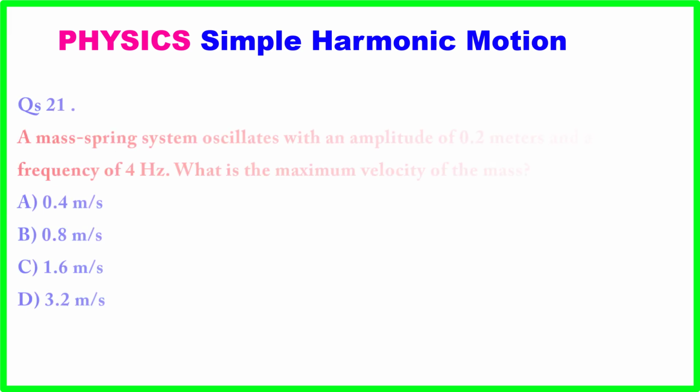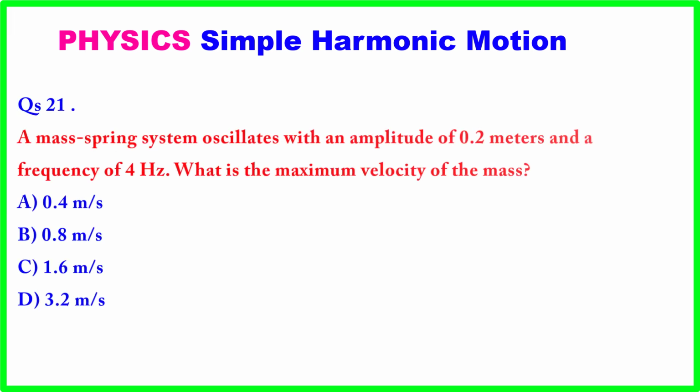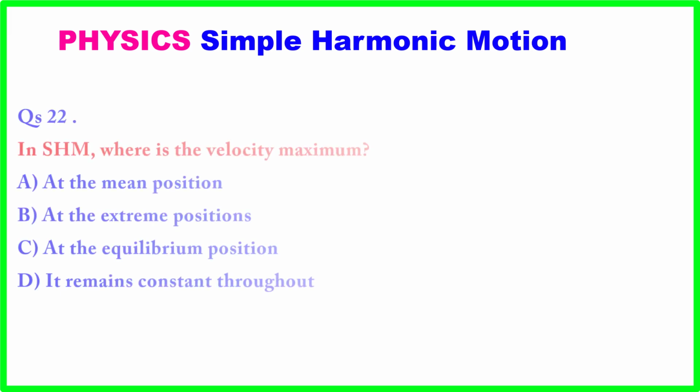A mass spring system oscillates with an amplitude of 0.2 meter and a frequency of 4 Hz. What is the maximum velocity of the mass? 1.6 meter per second. In SHM, where is the velocity maximum?